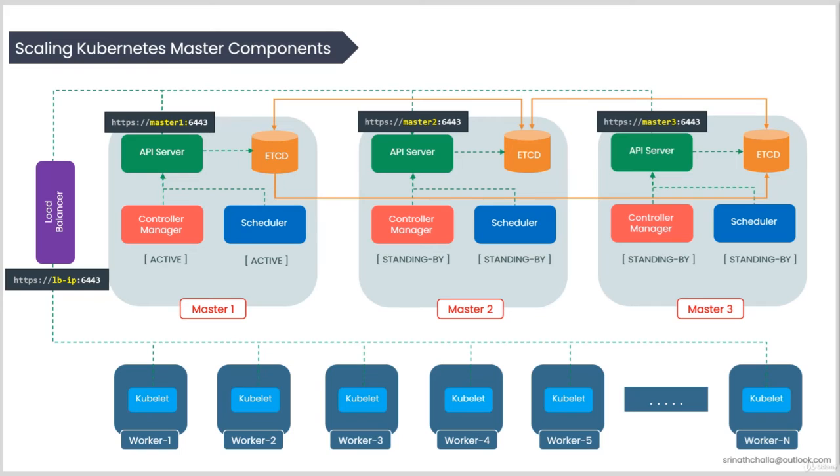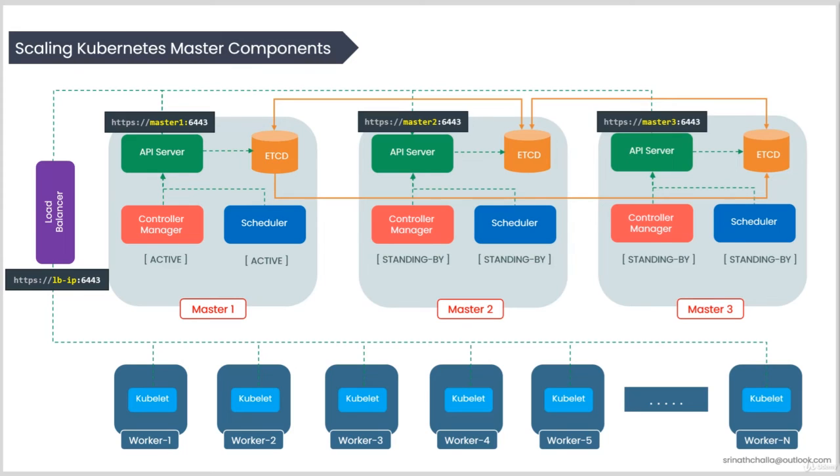Now coming to the control manager and the scheduler, making them highly available isn't that simple. Because controllers and schedulers actively watch the cluster state and act when it changes, possibly modifying cluster state further. For example, when the desired replica count in a replica set is increased by 1, then the replica set controller creates an additional pod.